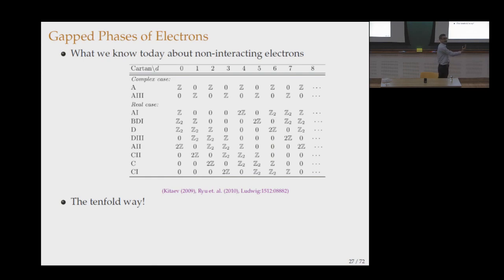So there is an 8-fold periodicity in spatial dimension. If you read Professor Mukunda's book, you'll realize where this periodicity comes from, because he has a beautiful discussion of Clifford algebras and Lie groups, so it's related to that.